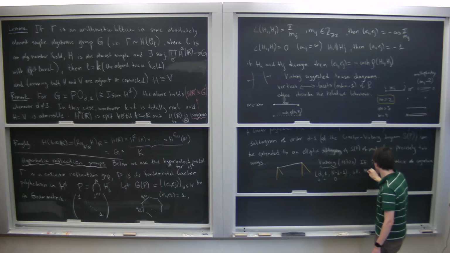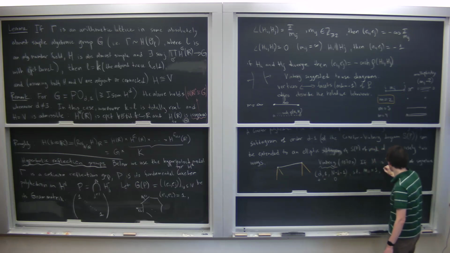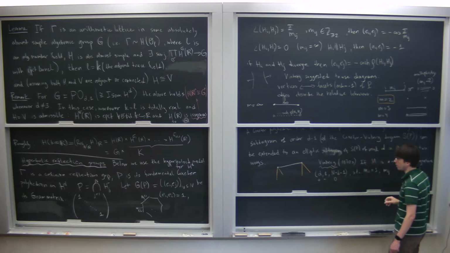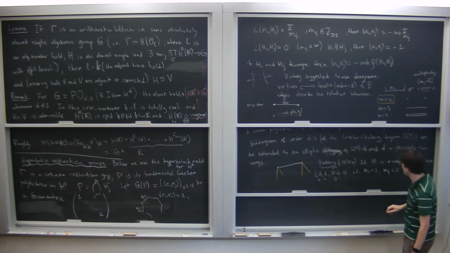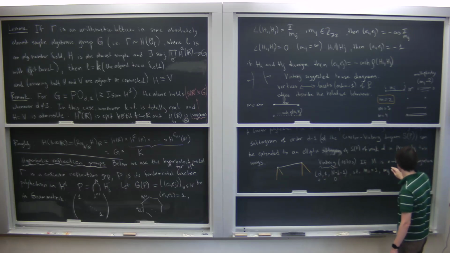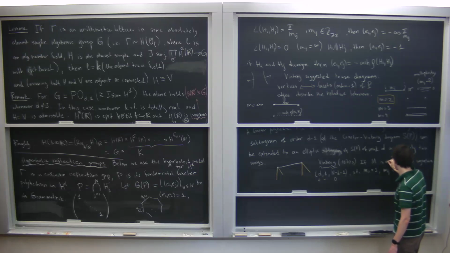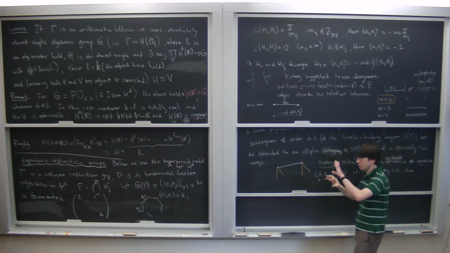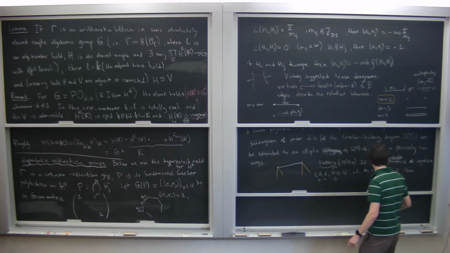Such that m_ii is equal to 1, and all m_ij are less than or equal to 0, right? And this is an irreducible matrix, so we do not want some number of blocks, right?